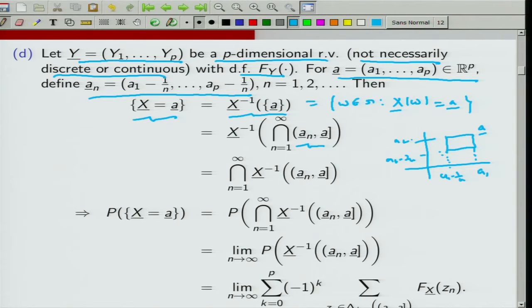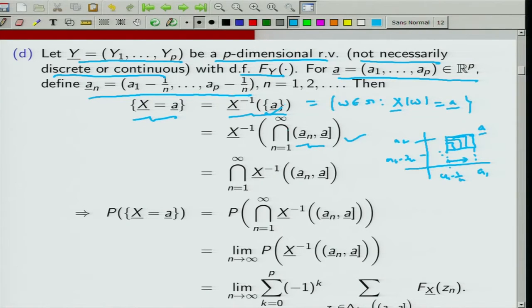When I am talking about X inverse of the rectangle (a_n, a], I am talking about this. Now, as n increases, this shrinks, and finally this approximating rectangle will become the singleton {a}. So, X inverse of the intersection over n equal to 1 to infinity of (a_n, a] becomes X inverse of {a}. Similar things we did in the one dimension as well.